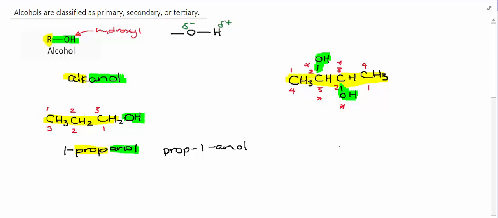From our parent chain we've got 4 carbon atoms, so we know that this is going to be a but-e compound. We have 2 hydroxyls, so we know it's a diol. But we want to include the e, so we go butanediol. And our hydroxyls are on number 2, 3, hyphen. So we've got 2,3-butanediol.